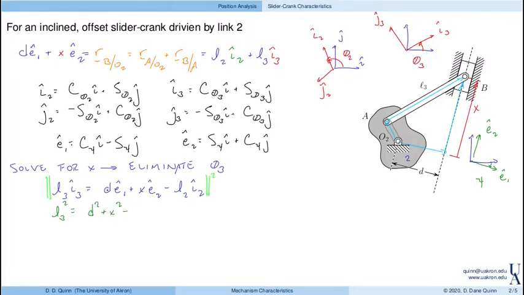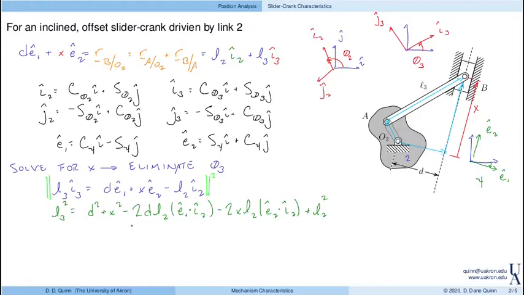And then when I dot this term and the L2 I2, I get a minus 2 d L2, and then I have E1 dot I2. I also have to dot x E2 with L2 I2, and I get 2x L2 E2 dot I2. And then plus L2 squared.